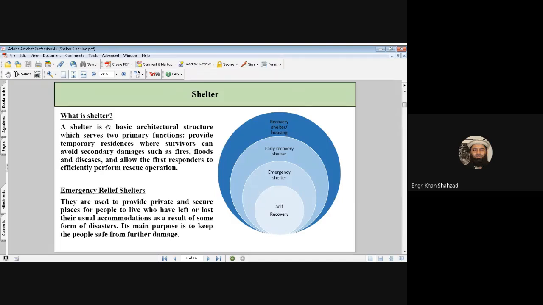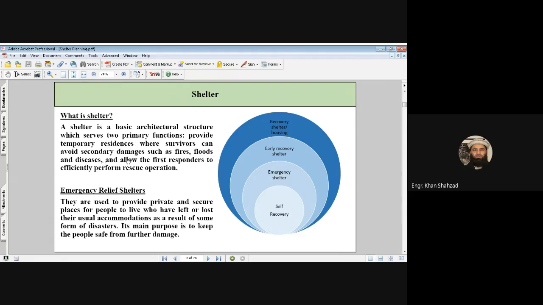What is shelter? I hope everybody knows that a shelter is a basic architectural structure which serves two primary functions. Number one, provide temporary residences where survivors of the disasters can avoid secondary damages like the aftershocks of the earthquakes, such as fires, floods, and diseases.